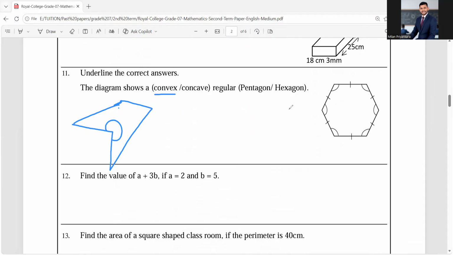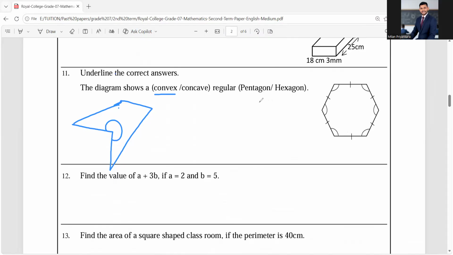And regular: if it is regular, all the sides must be equal in length and all the interior angles also equal in magnitude. Here you see all the angles are equal and all the sides are equal. Then it's regular. Actually, you don't have to choose regular because regular has been given. You just have to see whether it's a pentagon or hexagon.